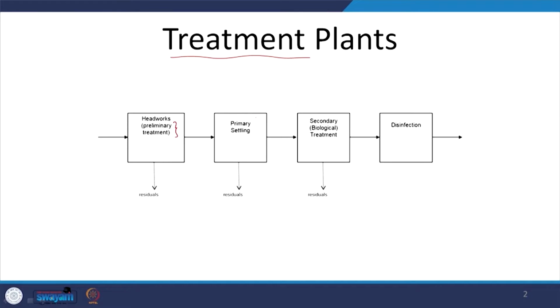The other one is primary treatment or primary settling. The second one is called secondary treatment or the biological treatment, and the last one is disinfection. So, here we are trying to remove, pardon me, grit, right, the coarser particles and such, sometimes finer suspended particles, but typically you do not do that.